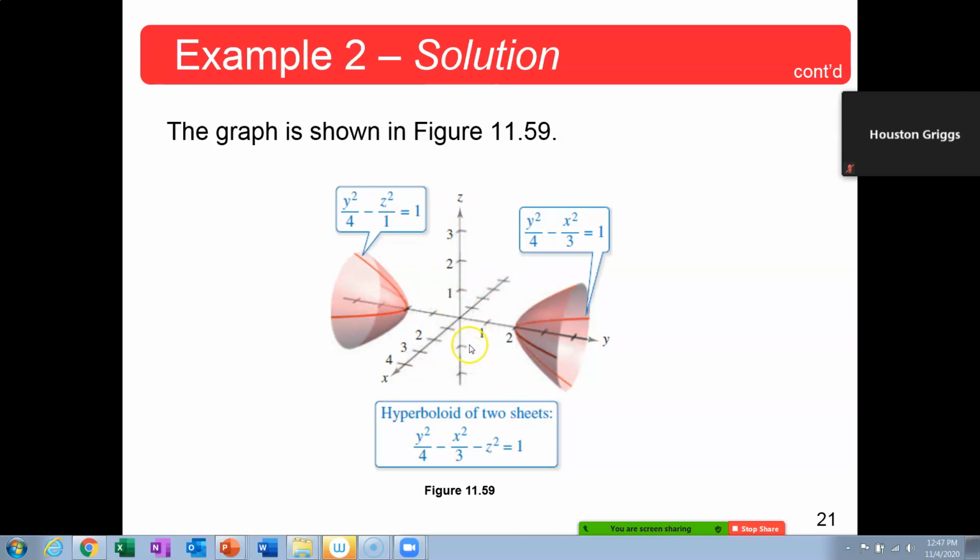Okay. In the other two planes you have hyperbolas. Okay, y squared minus x squared and y squared minus z squared. Those are both hyperbolas, and those are the traces in those planes. And that pretty much shows us how to draw our graph. All right, any questions so far?